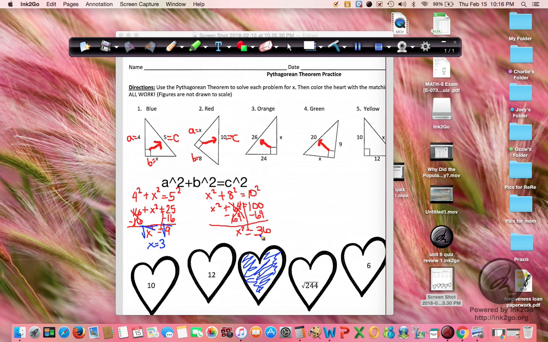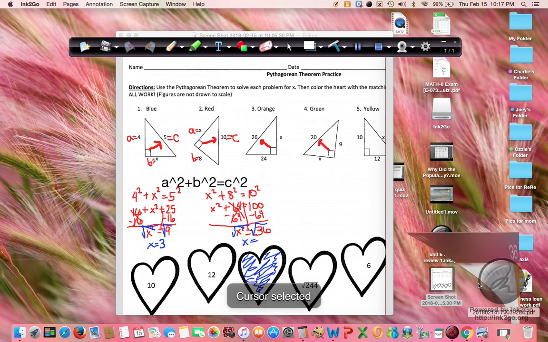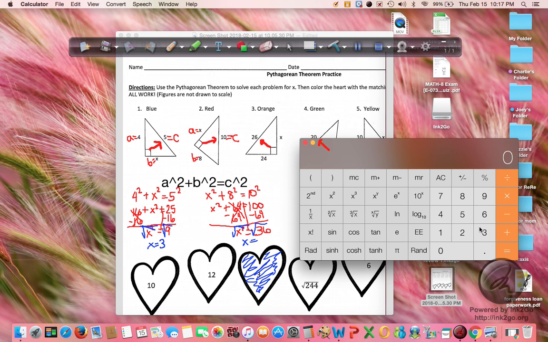Once you have your x squared by itself, to get x by itself, because remember, we want to know what x equals, not x squared. X equals whatever the square root of 36 is. So x equals, and in your calculator, you have 36, and in my case it's over here, the x with the squared, because there are different types of roots that you can do.